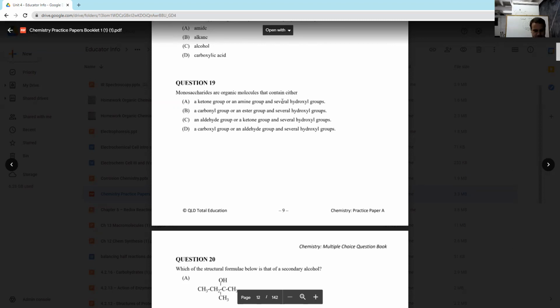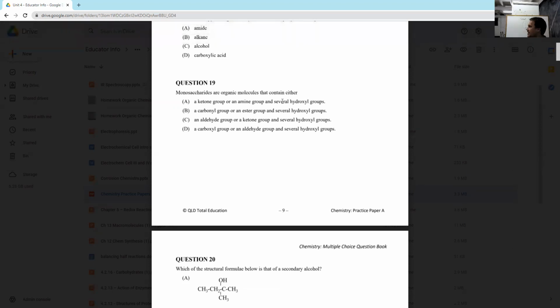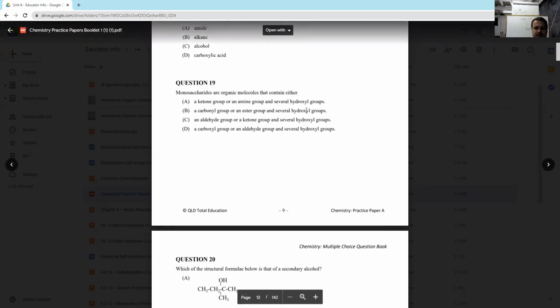Okay, so monosaccharides are either aldoses or ketoses. That should give you an indication of the two kinds of groups that are present on either of them. Ketose being a molecule covered in ketones, aldose being a molecule covered in aldehydes.